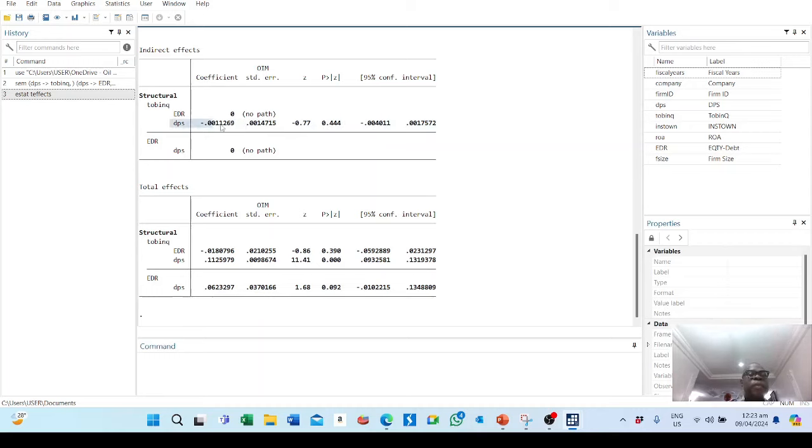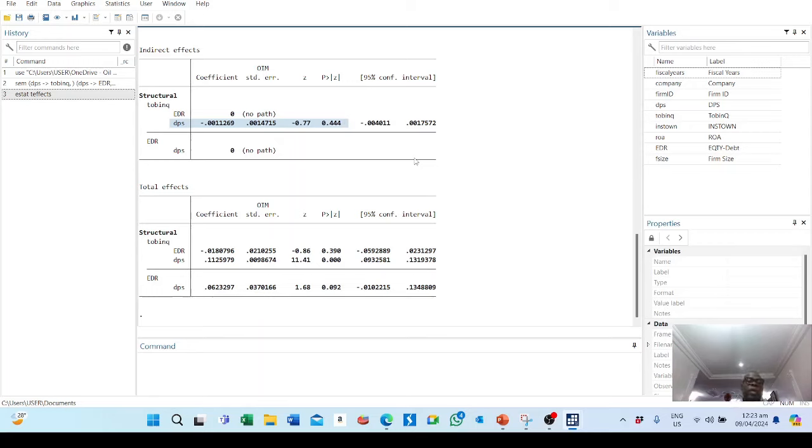It has a negative coefficient of minus 0.011269, and it has a p-value of 0.444, which means this pathway is not significant.